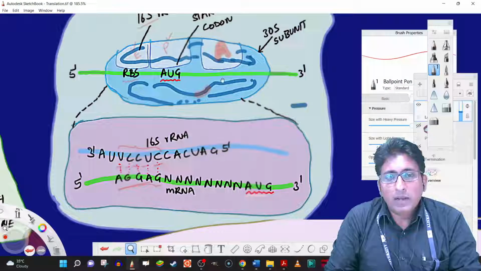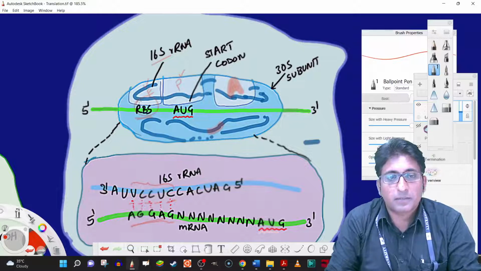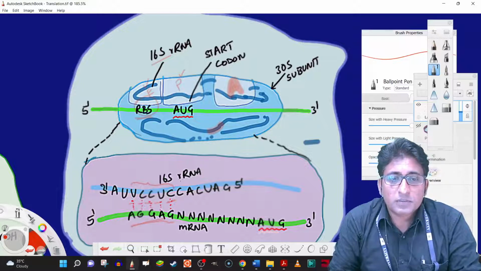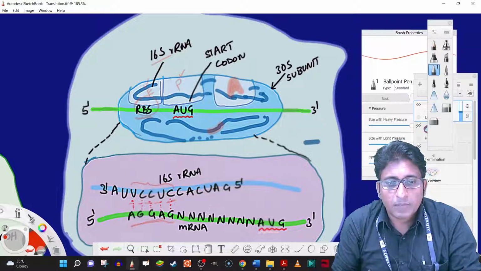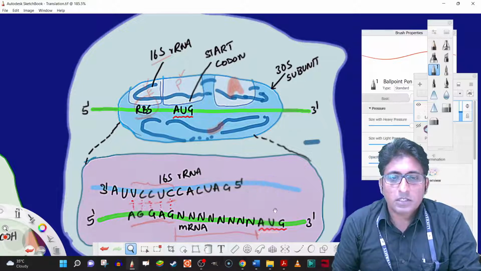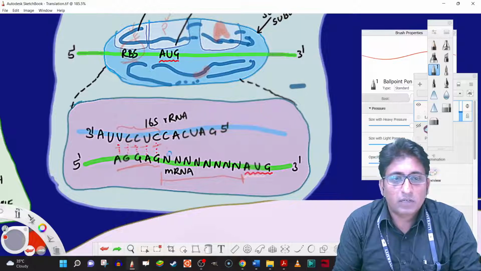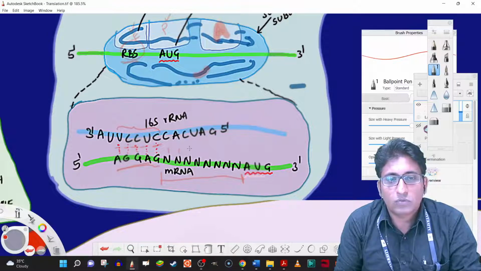While recognizing the ribosome binding site, the 16S rRNA will recognize it, and there is a spacing between the ribosome binding site and the start codon. The start codon is AUG, and we have about 1, 2, 3, 4, 5, 6, 7, 8.